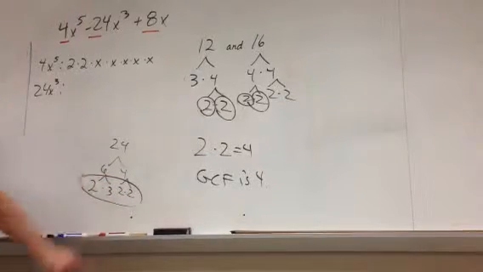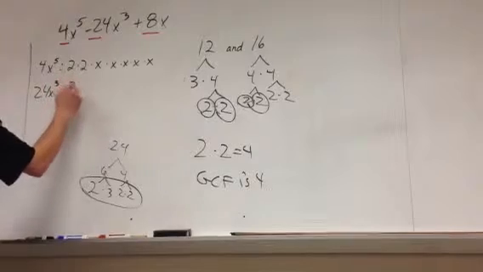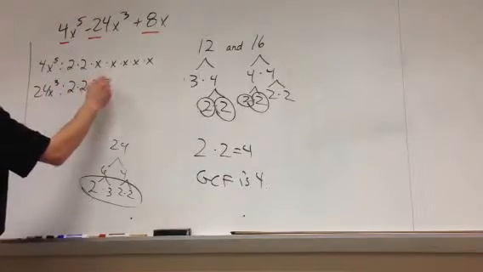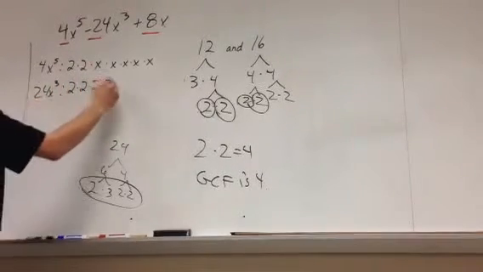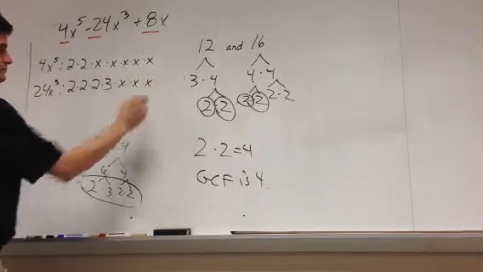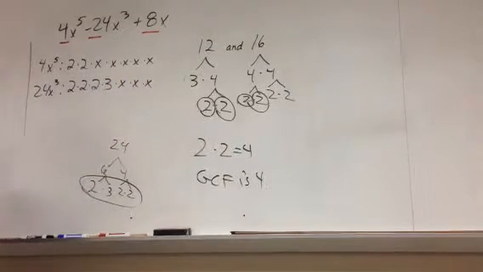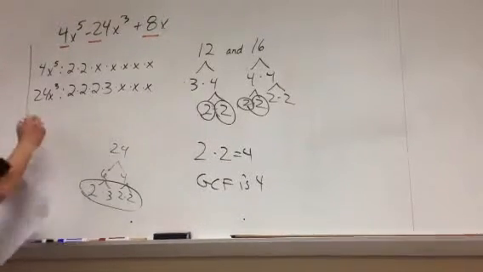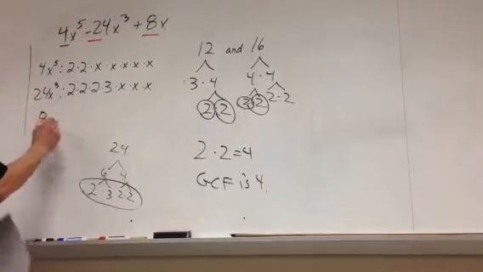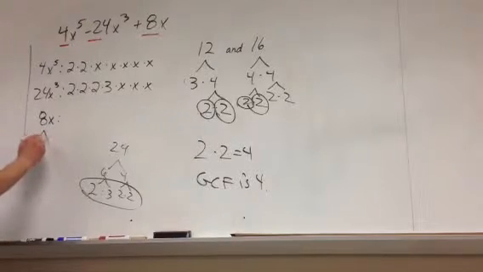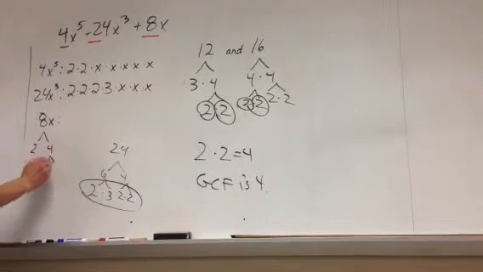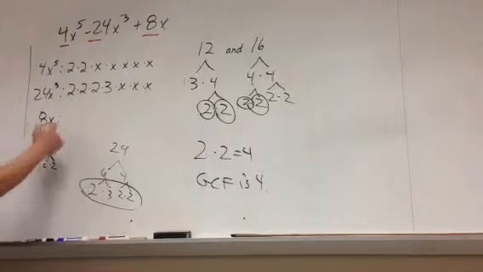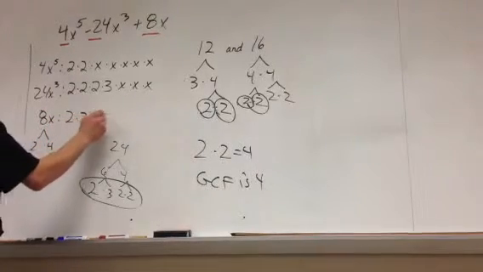So you'll use these prime numbers. So 24 is 2 times 2 times 2 times 3, and then 3 x's. Okay, and do this while I'm doing it on the board. And then the last one is 8x. Okay, 8's 4 and 2, 2 and 2. So it's 3 2's, and then an x.